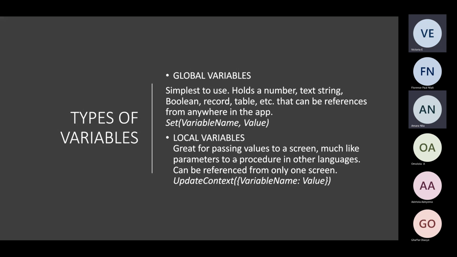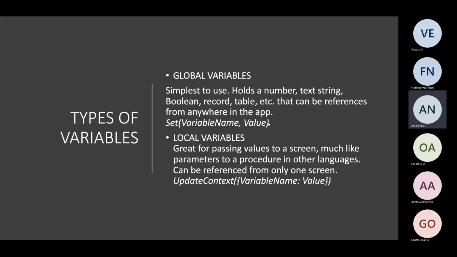So let's say at the beginning of the app, when my user launches the app, on the first screen, I need to store a variable there. After I've set the variable on that screen, if it is a global variable, I can use it anywhere in the application. It doesn't even matter if it is the last screen. As long as it is in the application, I can use it. And the way we write it is using Set. So you say Set, open bracket, your variable name, and also the value.